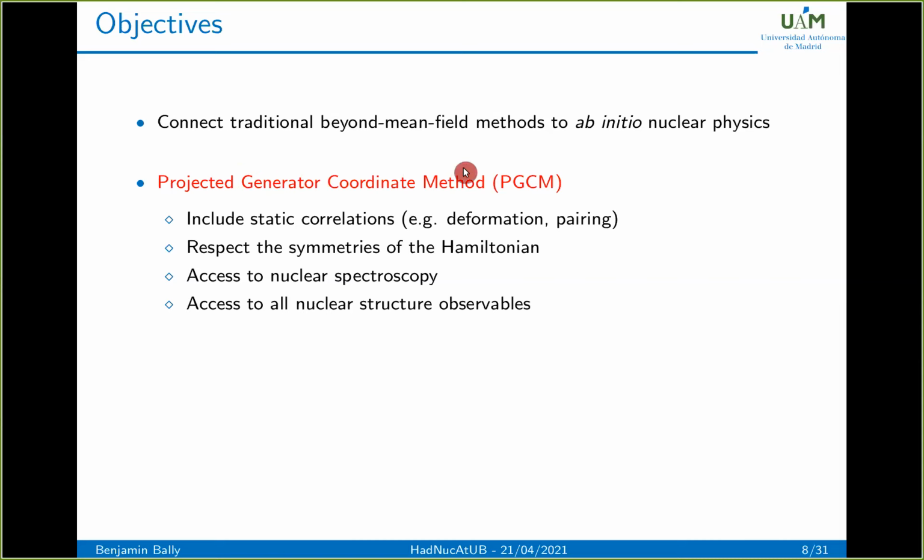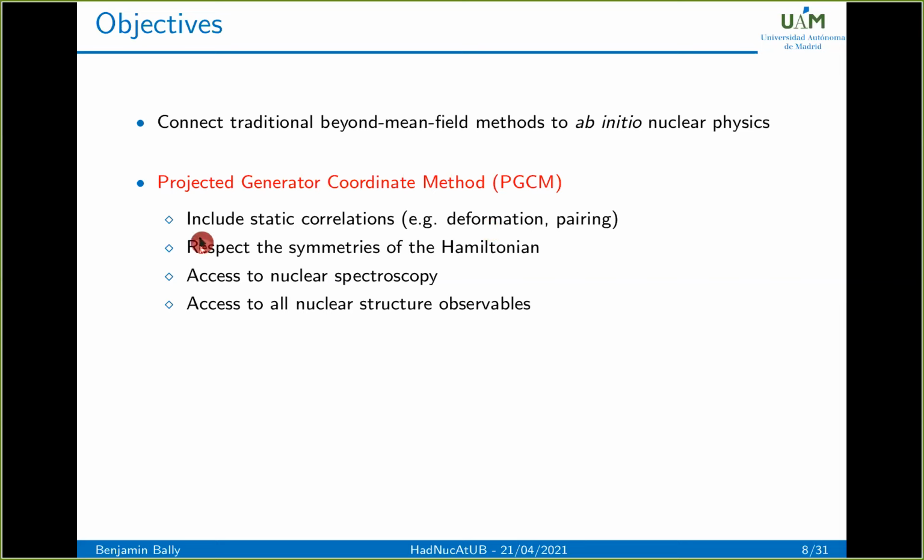And this method is very nice because it is very powerful, and has been used for decades with energy density functionals. It is very nice because it allows us to include very efficiently static correlations, such as deformation and pairing, which are very important in the description of nuclear structure.